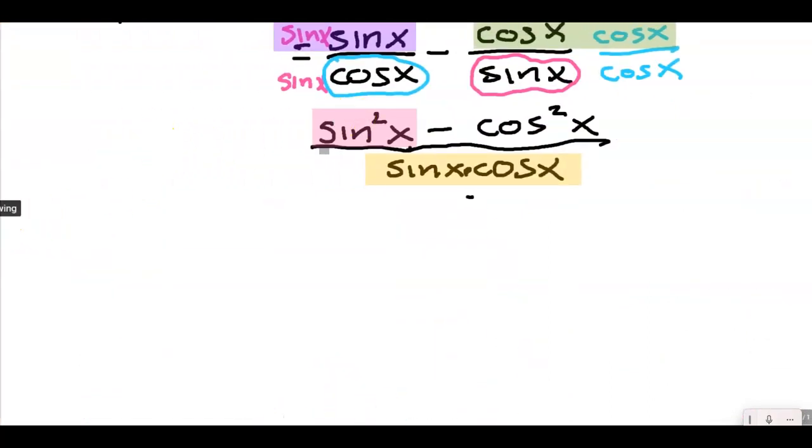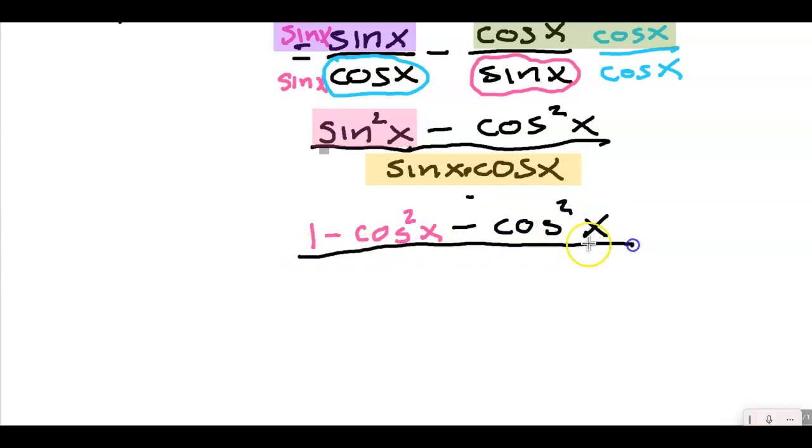Alright. So here I have now 1 minus cosine squared from the substitution. I have the minus cosine squared on the top that was already there, all over sine of x cosine x.